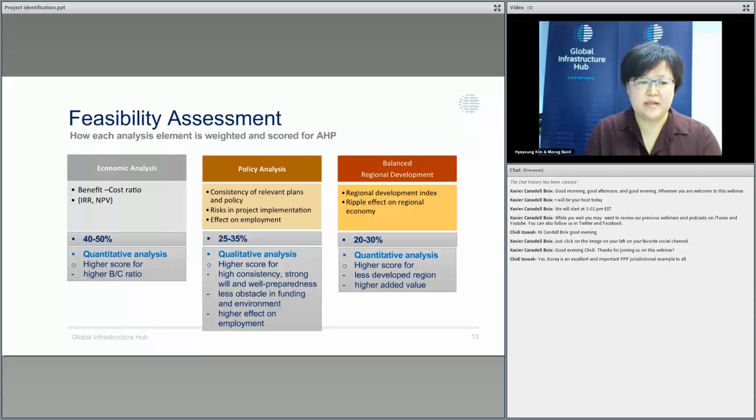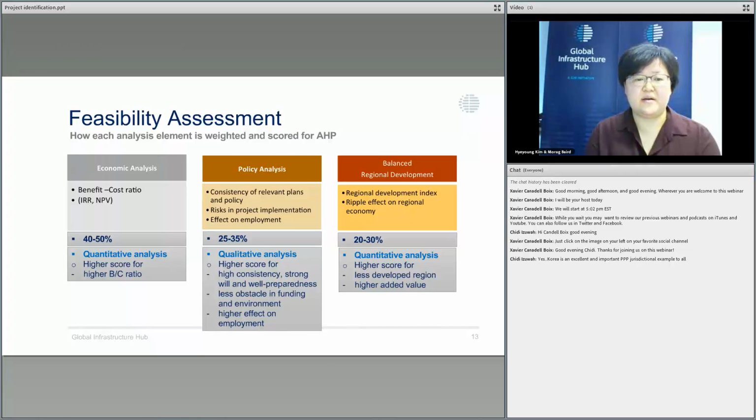The bigger weighting is placed on economic analysis: 40 to 50% should be placed on the economic analysis, policy analysis weighting should be 25% to 35%, and balanced regional development weighting around 20 to 30%.